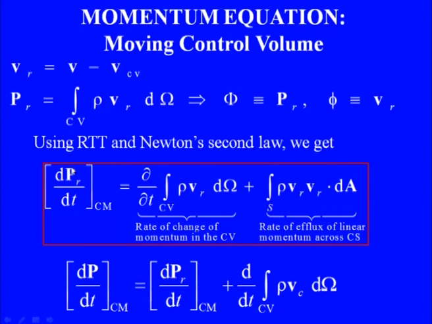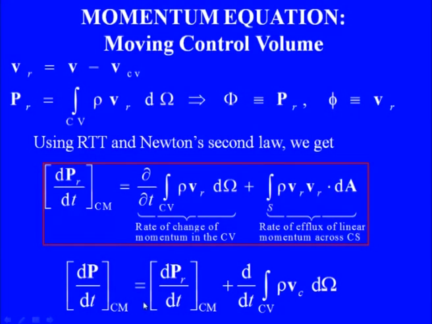Now this rate of change of the relative momentum Pr for the control mass system is related simply by the expression dP by dt of Cm equal to dPr by dt plus d by dt of the integral of rho Vcv d omega. So we now have these two equations, and we know the expression for dP by dt. Using Newton's second law we can replace this by the resultant force, and thereby easily obtain an integral equation for momentum for the case where we have chosen a moving control volume.